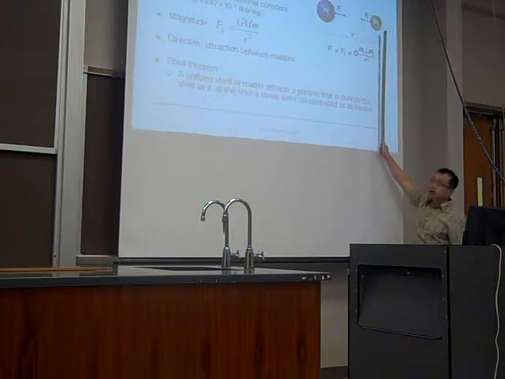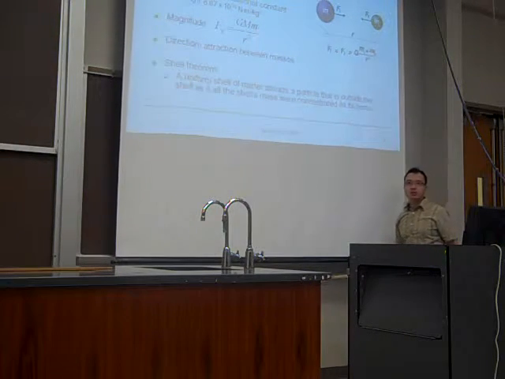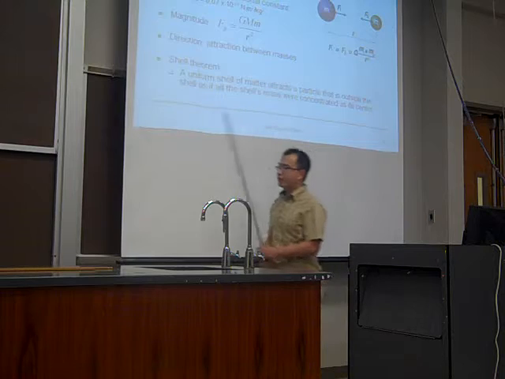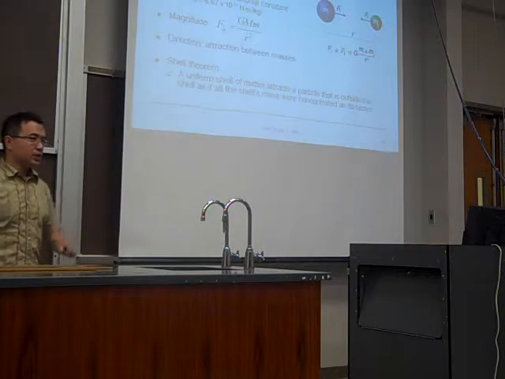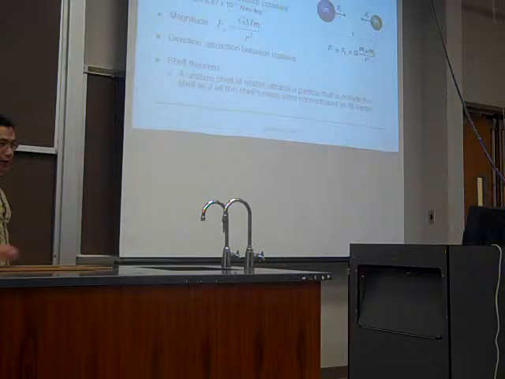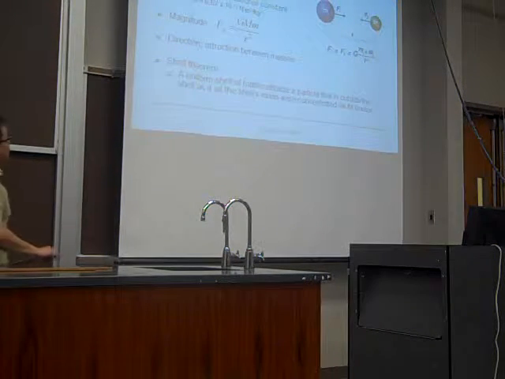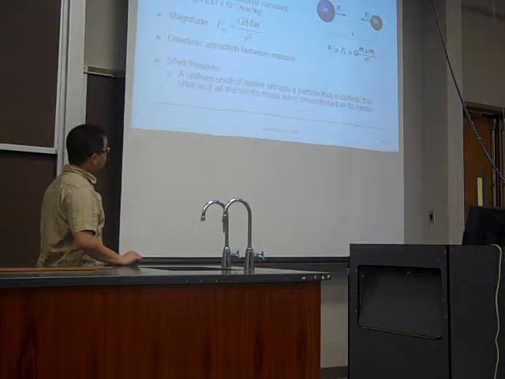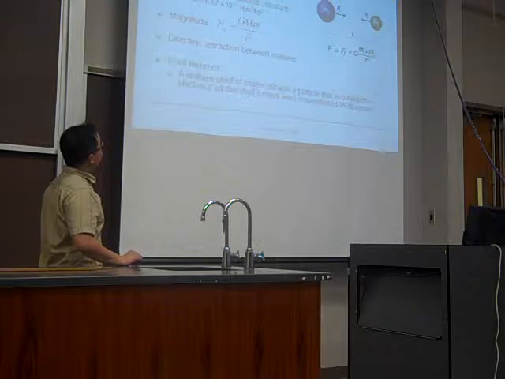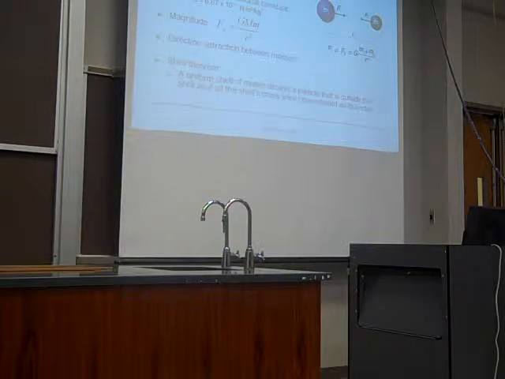If you are talking about the force acting on M2, it's to the left. Gravitational force can only be attraction, so you can determine the direction by looking at the positions of the two masses. The equation here is quite straightforward, and that's how we calculate the general gravitational force.